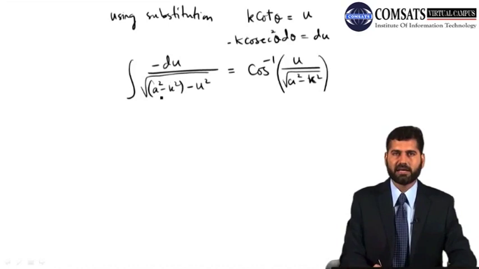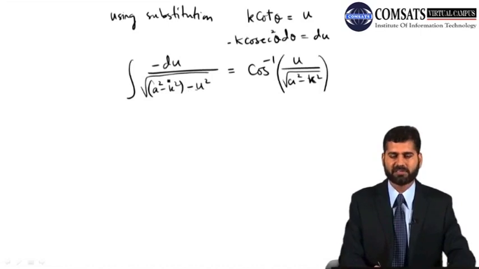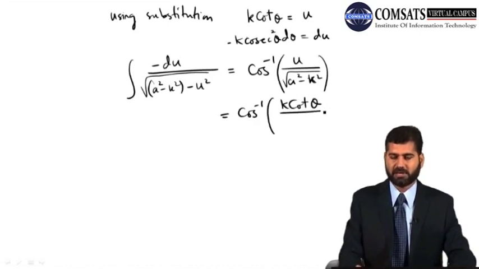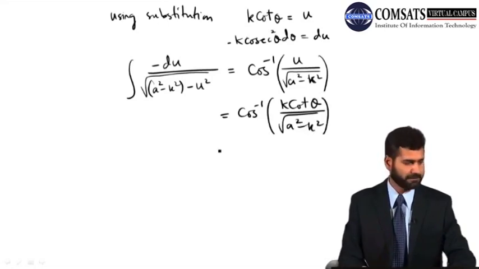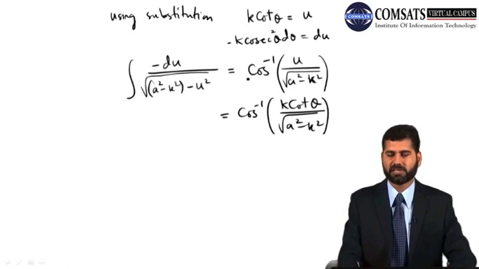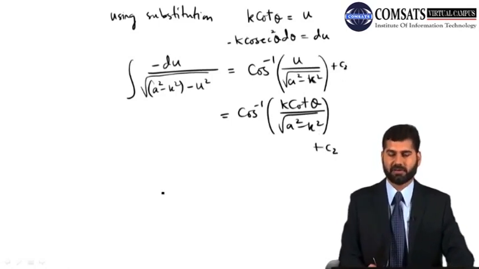Minus 1 over square root of a square minus x square has cosine inverse x by a. So now if I replace u back, then you get k cot theta divided by square root of a square minus k square. This is what you get.